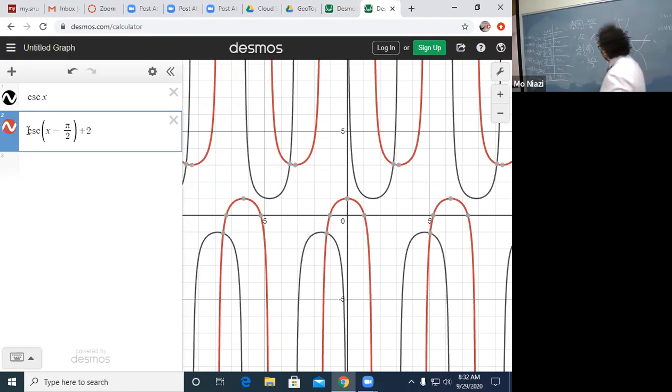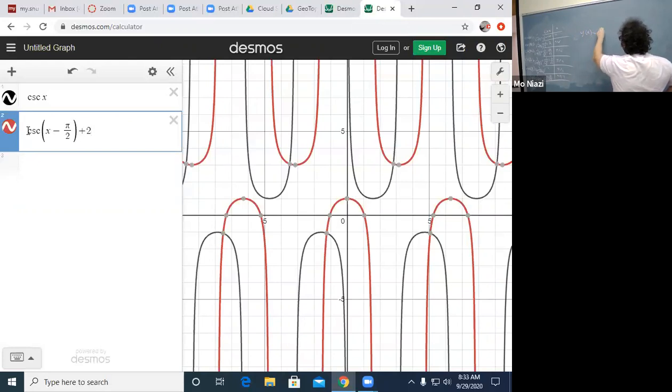So when we said that there was rules for... it's so hard to erase. So yeah, we said, for instance, y of x in general is equal to a sine.